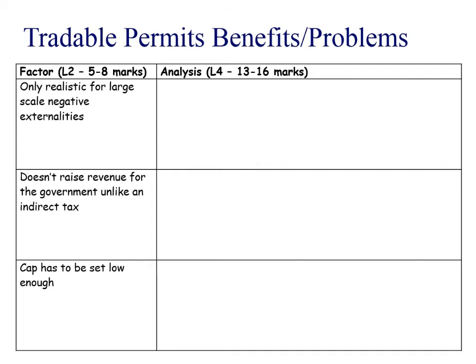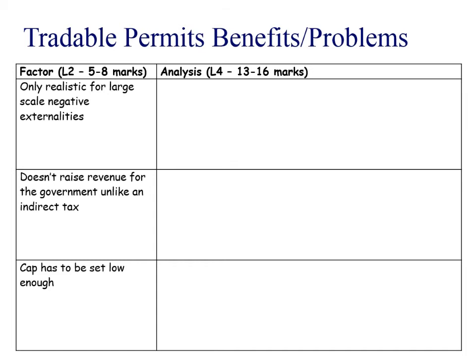The reason is, if you were going to apply this to every firm in the EU, it would be very cumbersome, very complicated, very hard to coordinate and very hard to police. Therefore, the costs of doing that would far outweigh any benefits you're getting from it, so there's a huge opportunity cost of what you're spending the money on. So when we think about tradable permits, we really think about CO2 emissions or other types of emissions.